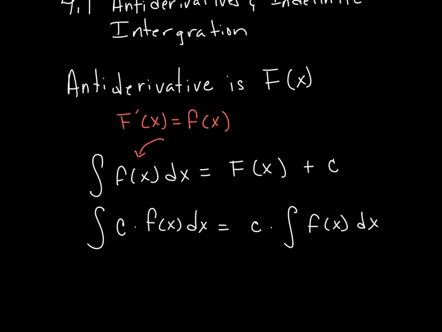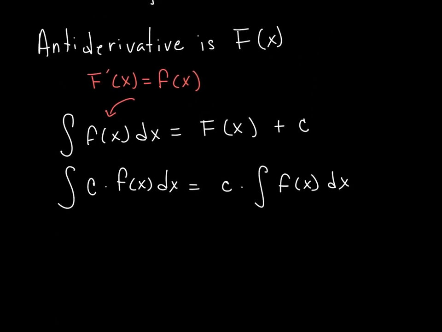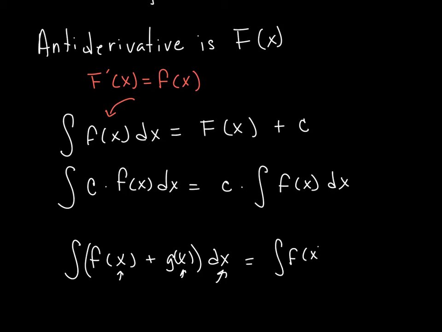And the other piece of information is that if it is the integral of f of x plus g of x, both integrated over the variable dx, and these variables have to match, that's the same thing as the integral of f of x dx plus the integral of g of x dx. So now we're going to do some examples.